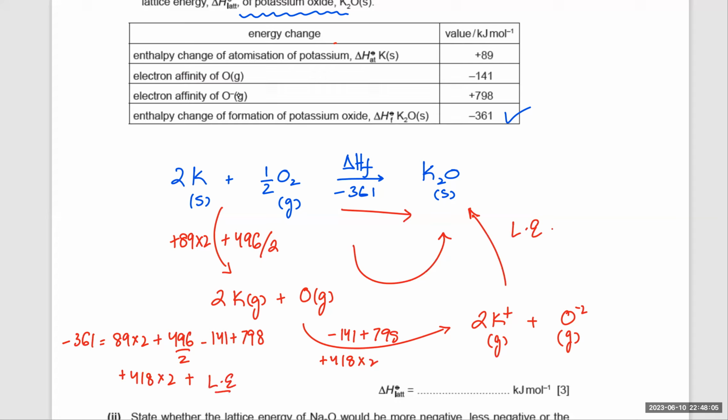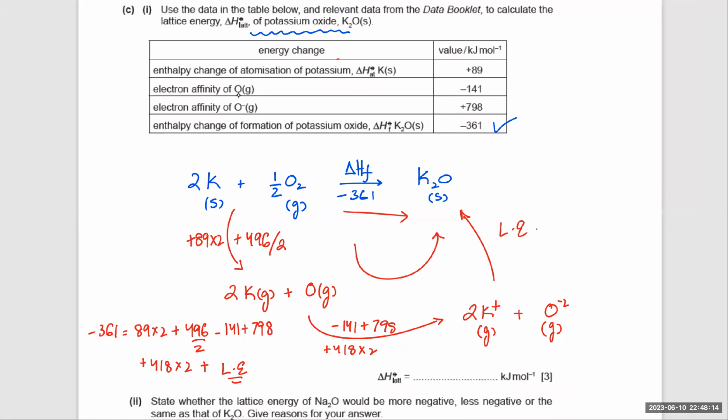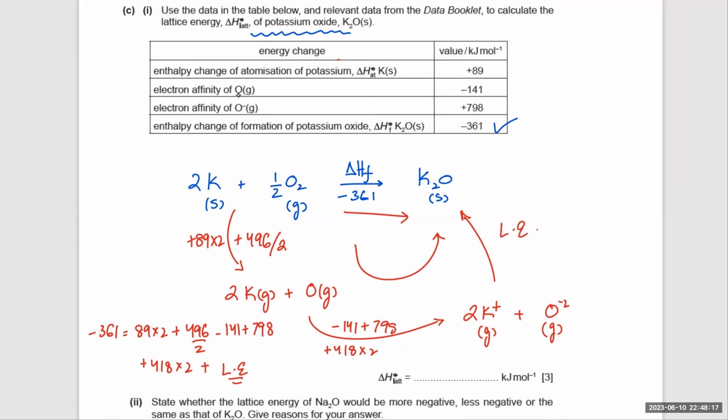So you just have to make lattice energy the subject of the equation and you'll be able to solve this. Is this clear? Yep. So that's how this is going to be solved.